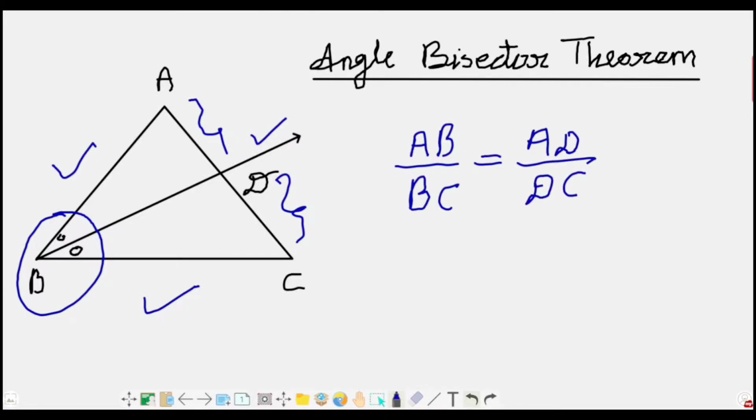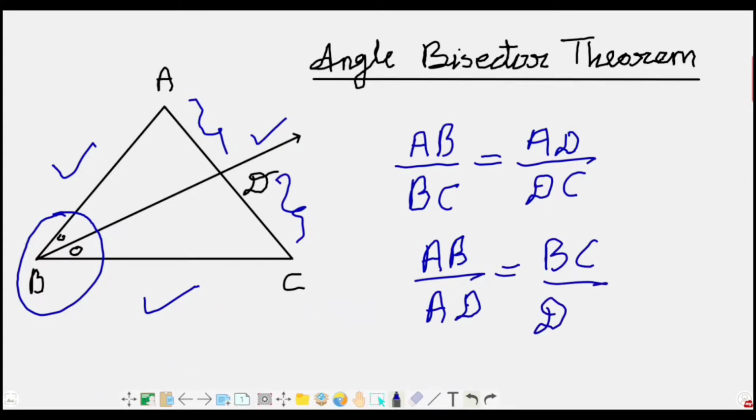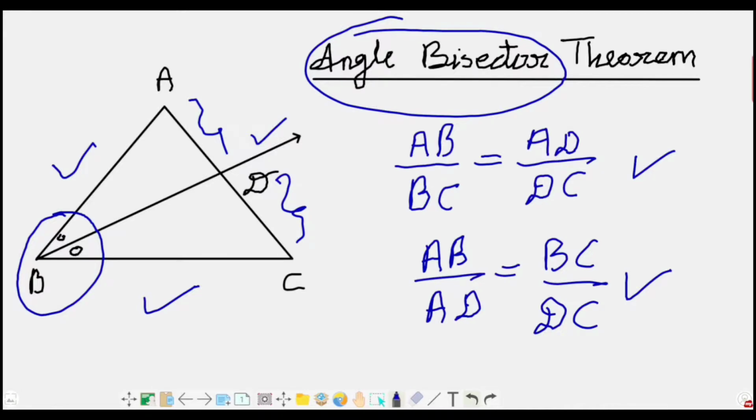This ratio you can write in this way also: AB upon AD is equal to BC upon DC. So this theorem you can apply when the angle bisector is given.